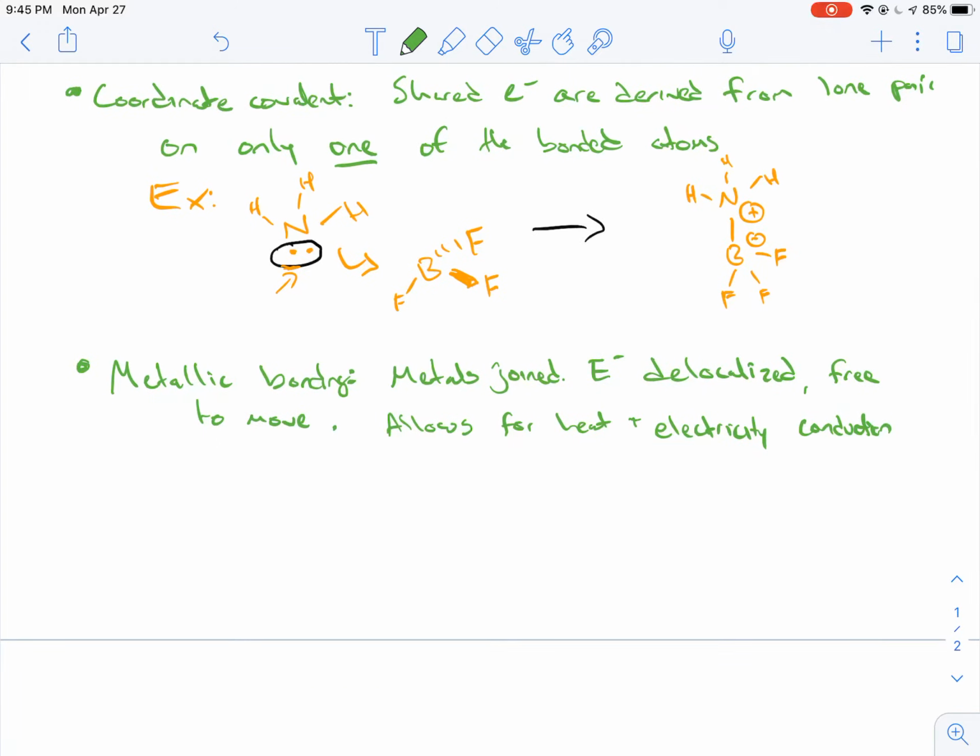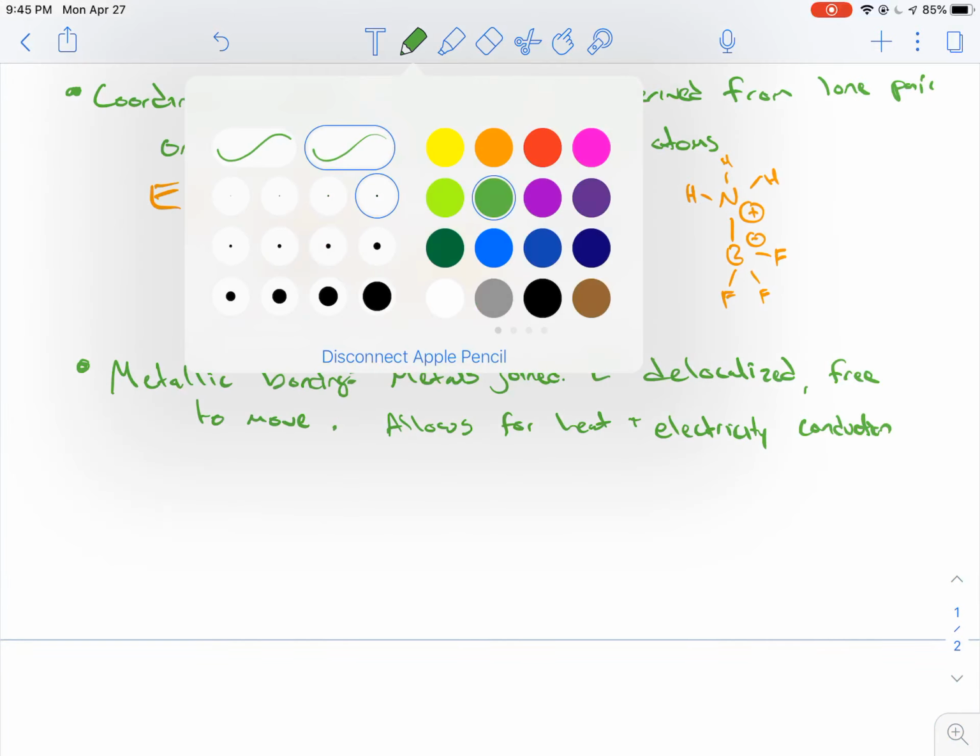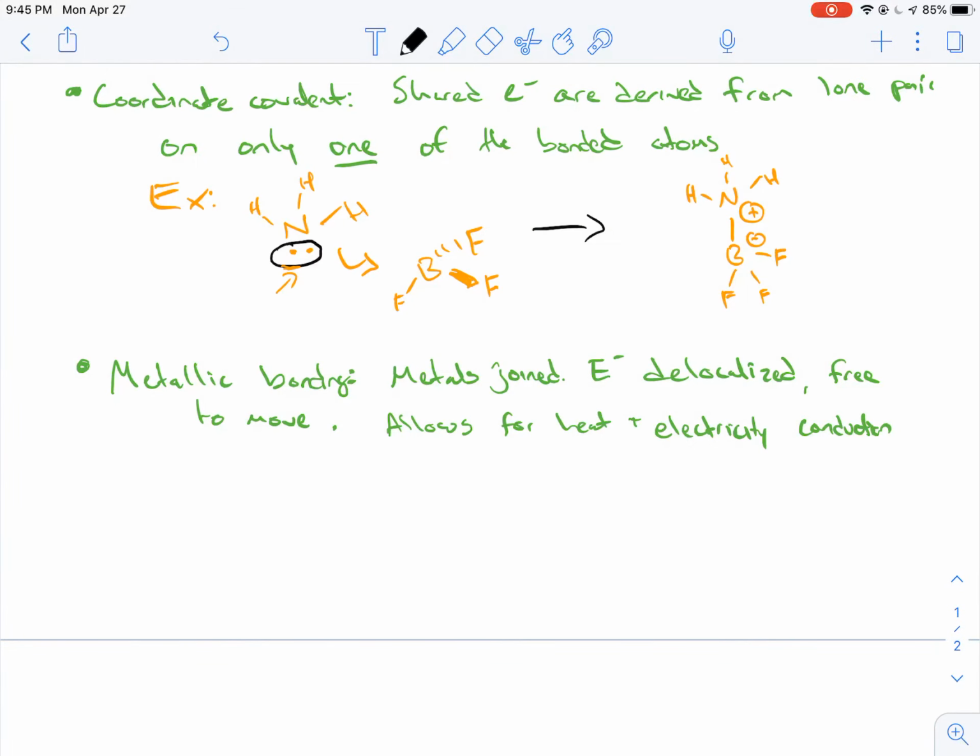So the last two things that I want to talk about here are two characteristics of intramolecular covalent bonds. So we have bond length, and that is exactly what it sounds like. It is just the length of the bond.